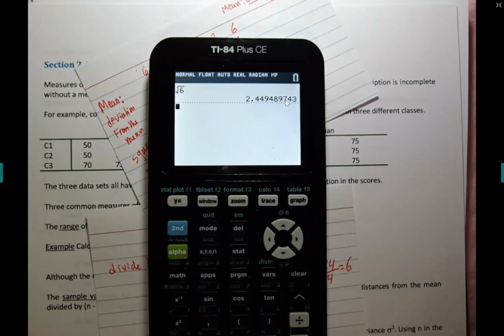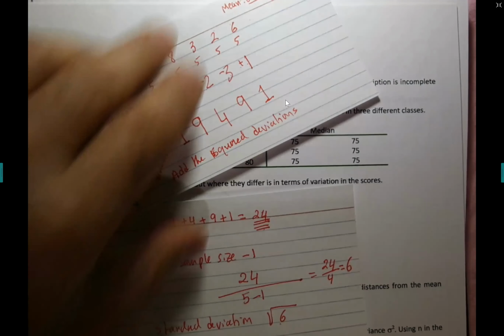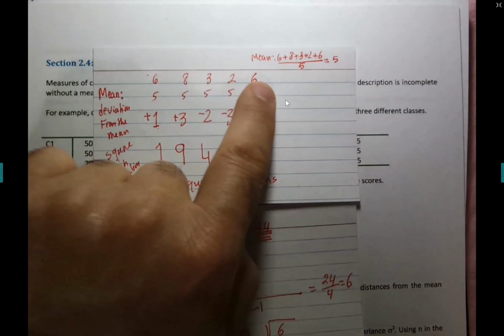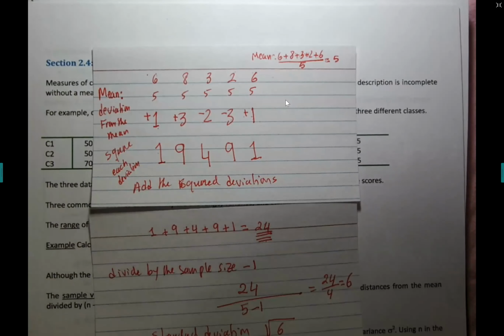Larger standard deviation tells us that the data is widely spread out all over the place. Now, would 2.5 be considered a large value? Yes. Why? Because look at our values, guys, they are small: 6, 8, 3, 2, 6, and then you have a 2.5. That's considered large, just comparing to this data set. So this is what we call the standard deviation, and this is how you do it by hand.